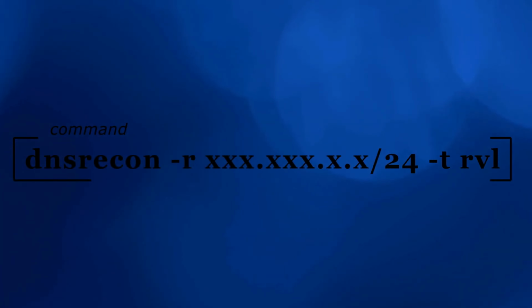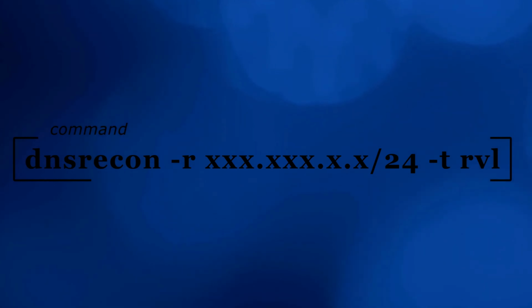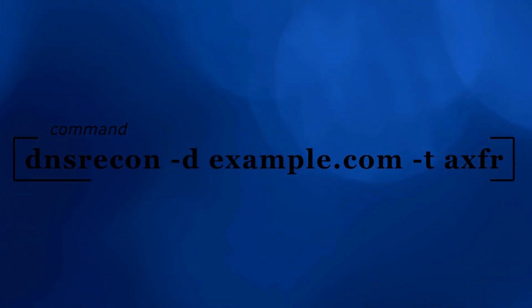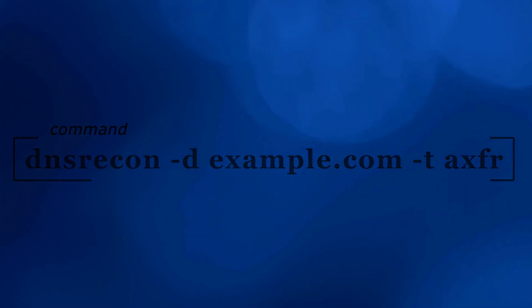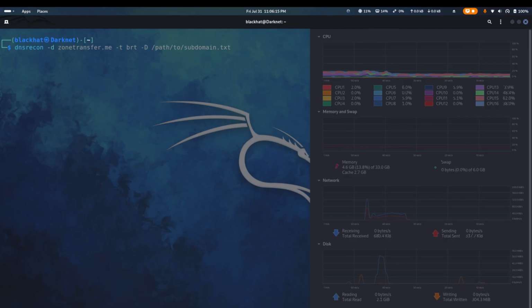Reverse lookup. Performs reverse DNS lookups on an IP address range or CIDR block to identify host names associated with IPs. Zone transfer. Attempts an AXFR query against all identified name servers to download an entire zone file.